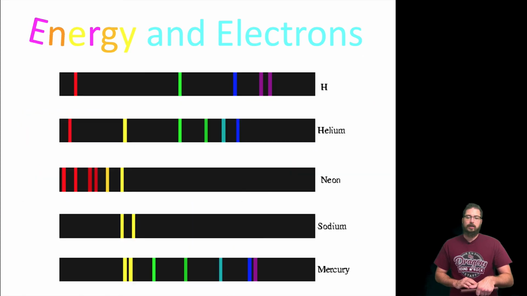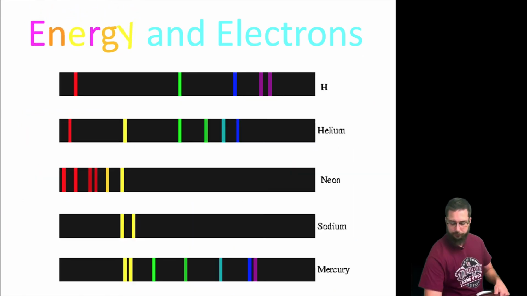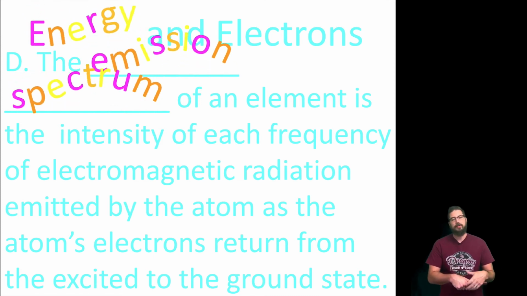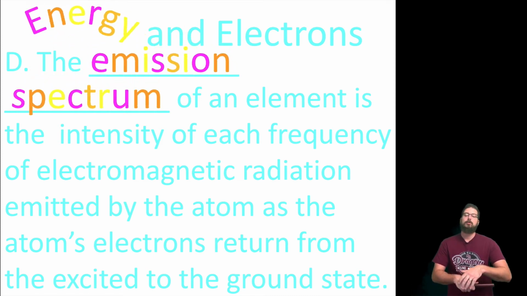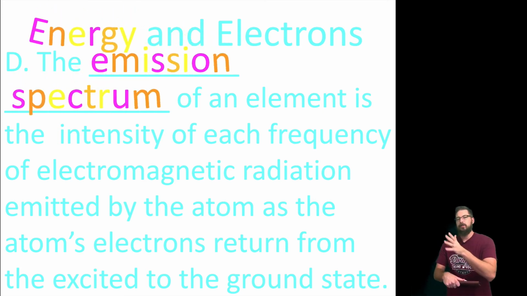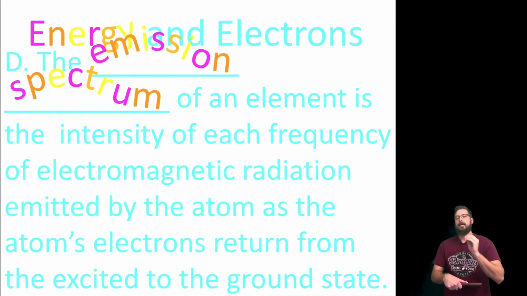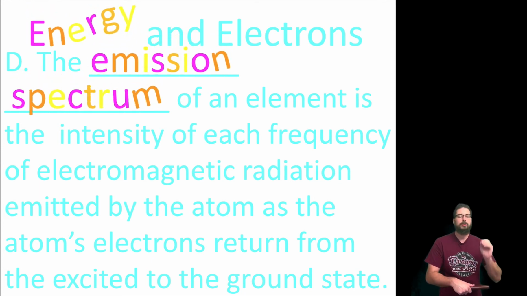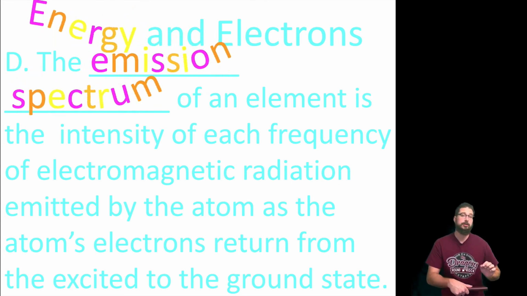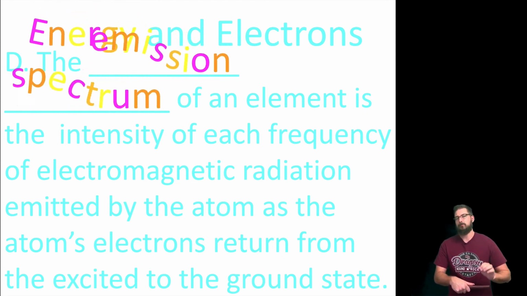Now, the emission spectrum of an element will actually show you the different colors of light that an element gives off. In other words, the emission spectrum of an element will show you the different energies of photons that are given off.